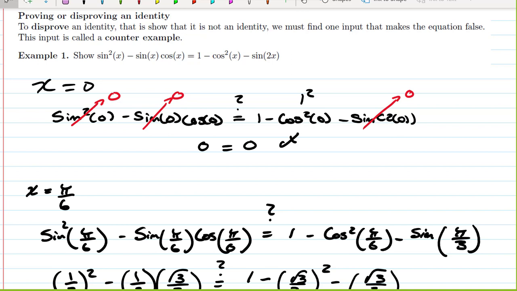The reason for that is when we are on an axis, either sine or cosine is going to be equal to 0. And what happened in this example is since sine of 0 is 0, multiplication by 0 makes anything equal to 0. And so that often will simplify things down into true statements. Not always, but more so than if you pick other random elements.